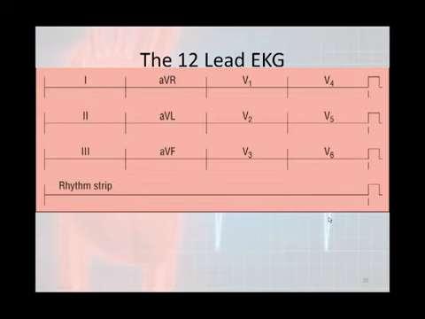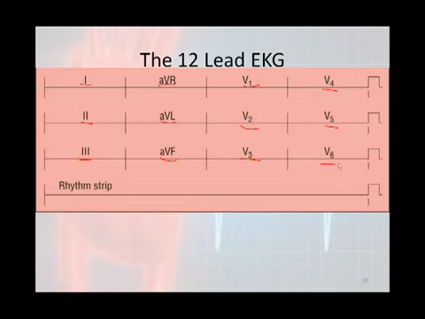The first three leads that are printed are leads 1, 2, and 3. They will be followed by printing AVR, AVL, and AVF. Then they're going to print V1, V2, V3, and then V4, V5, and V6 will then be printed.